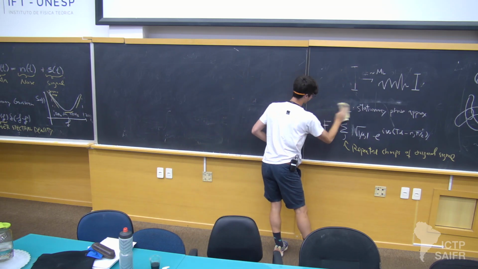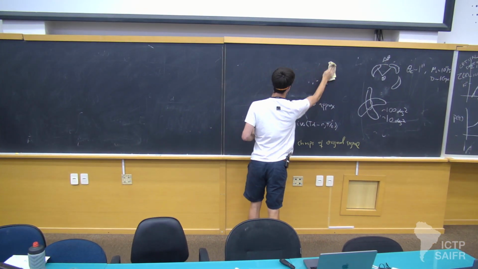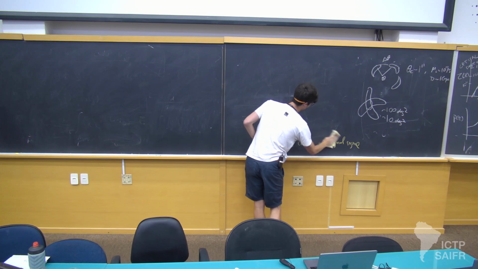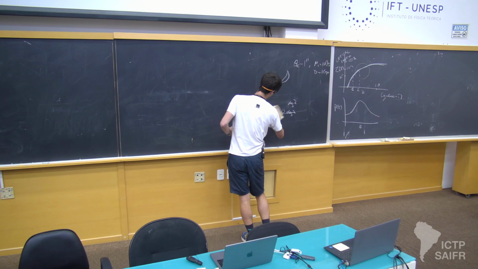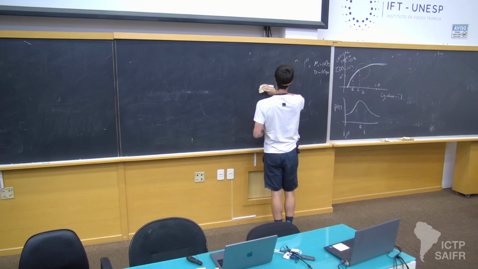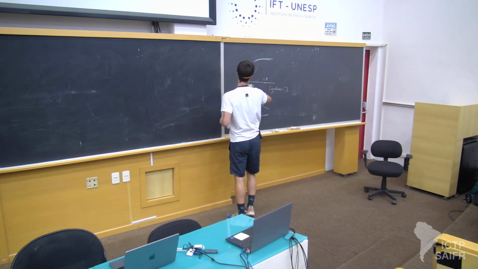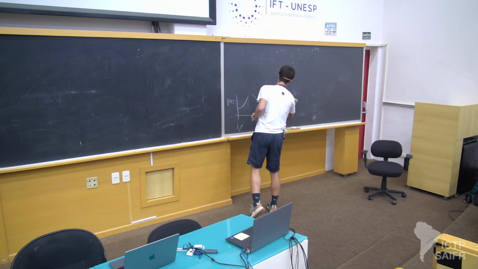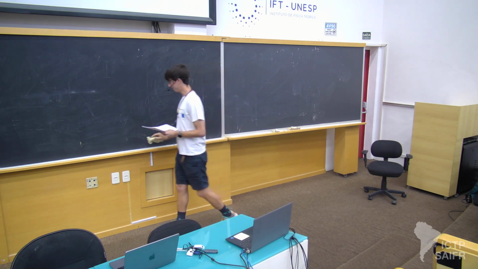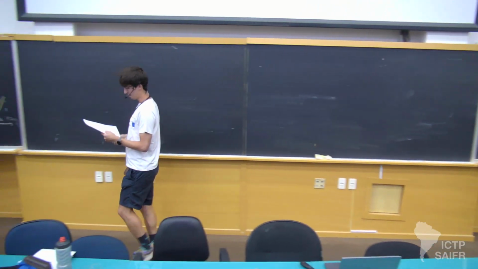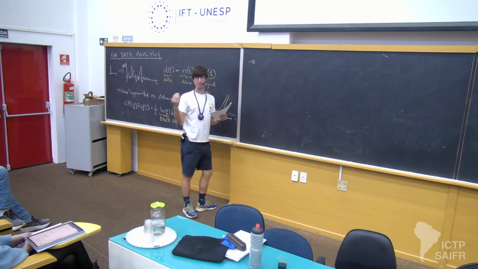So we have the noise, and then we need to find a strategy to detect this signal. The strategy that we will have is to filter our data with a given template, so a given waveform that we think could represent a gravitational wave, and then try to see if there is that shape within the data.